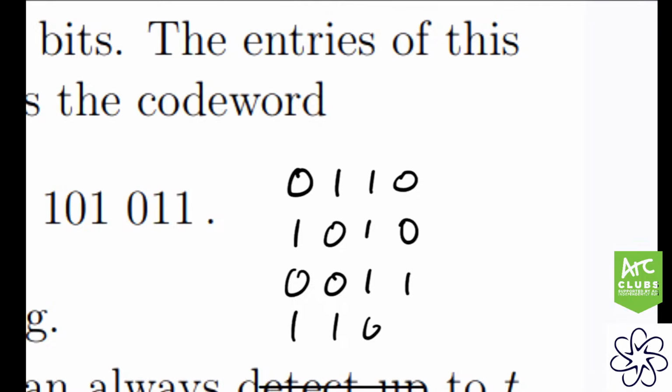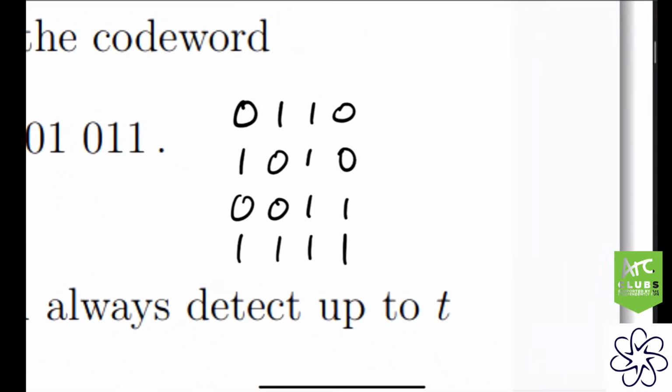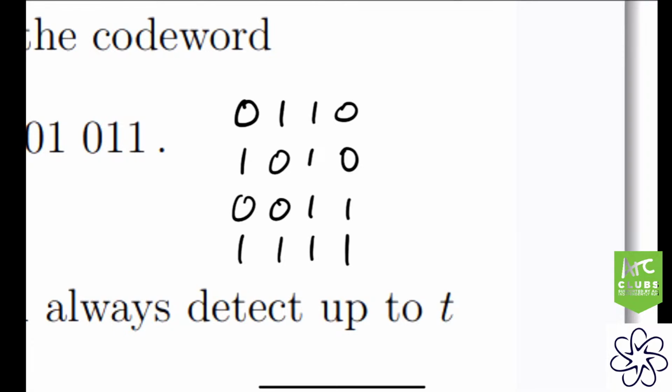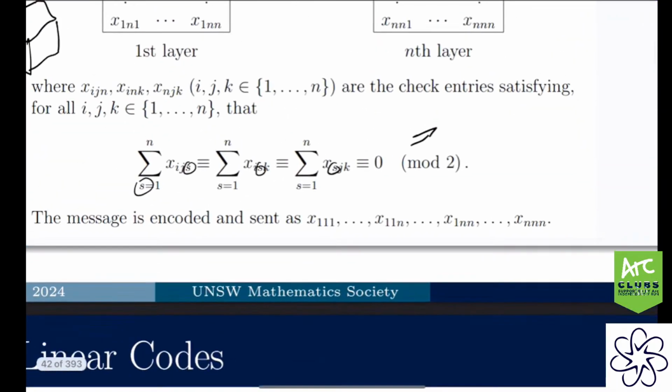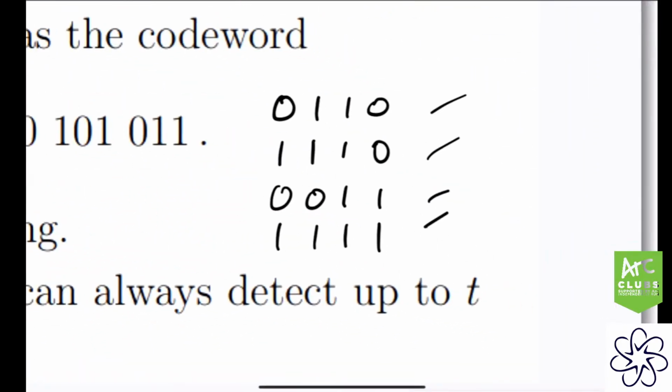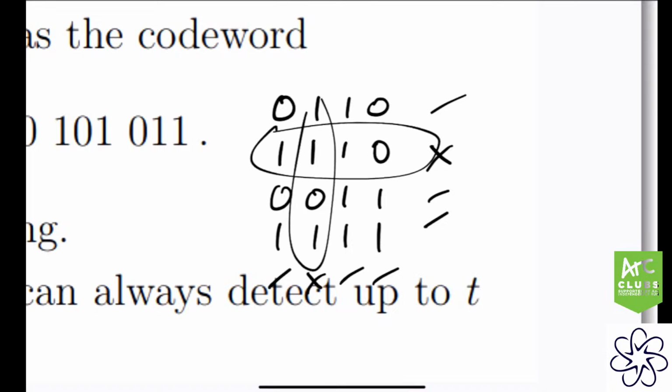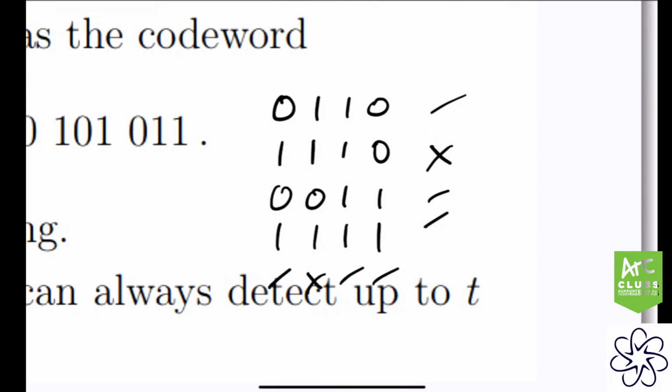So if we had a bunch of numbers here, let me just write out some valid codes. 1, 1, 1, 1. We can see here that if we have an error, we can go through the parity, just like how we have a parity check for this question, and be able to detect where an error is, right? And we can fix that.